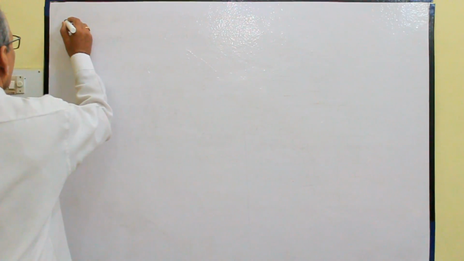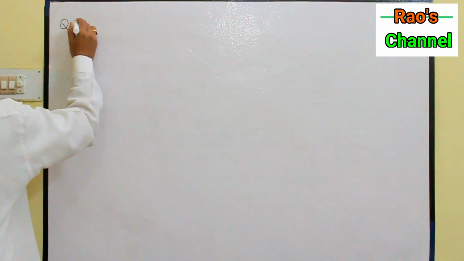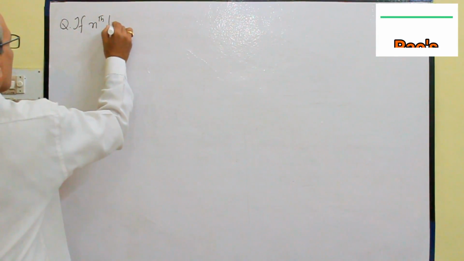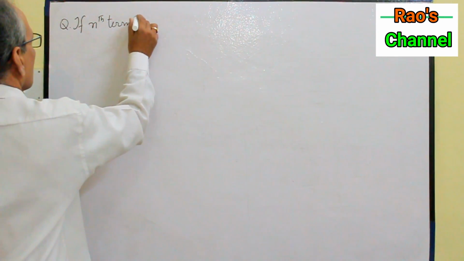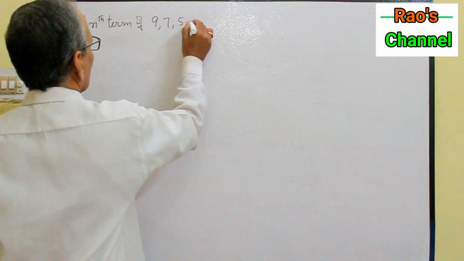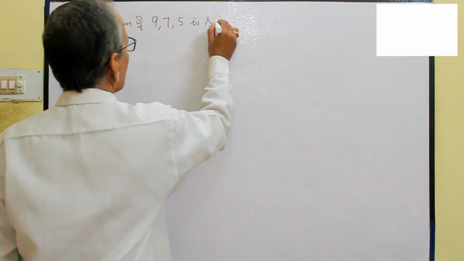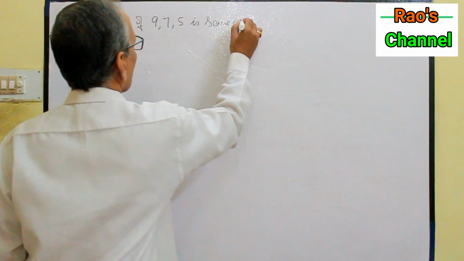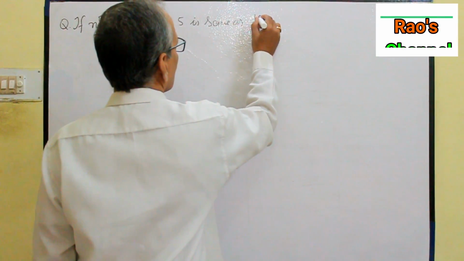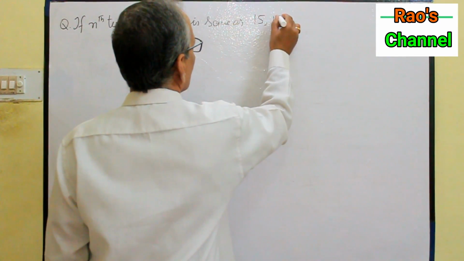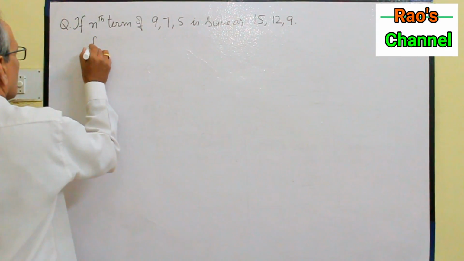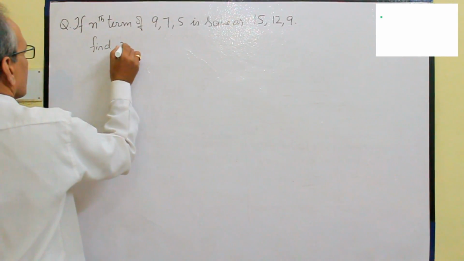One more question. See the question: if the nth term of 9, 7, 5 is the same as the nth term of another AP in the pattern 15, 12, 9, find n.